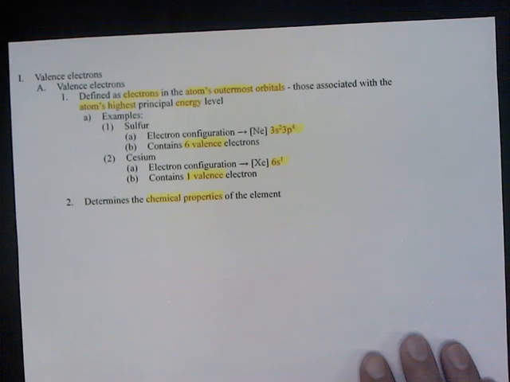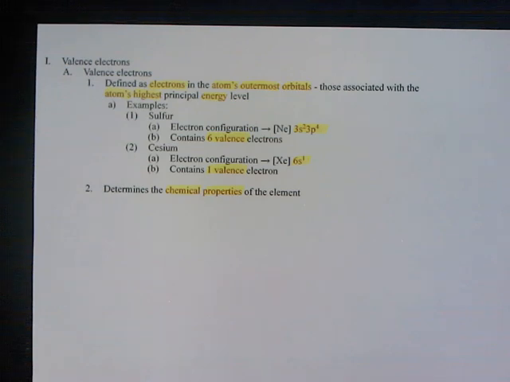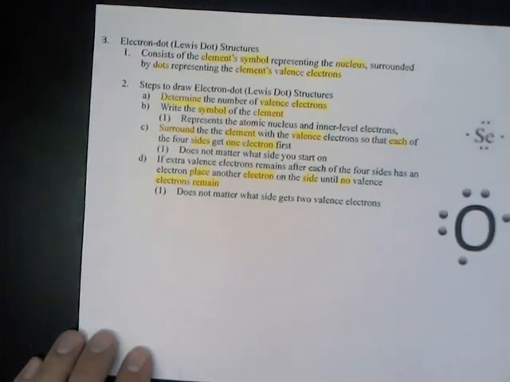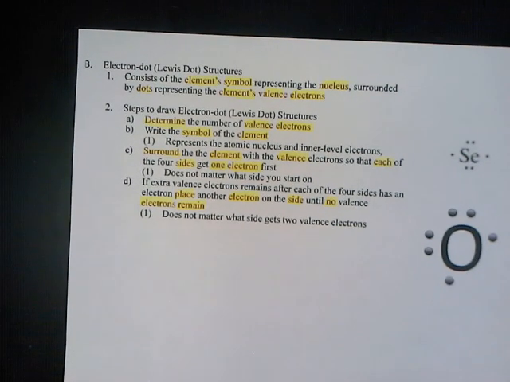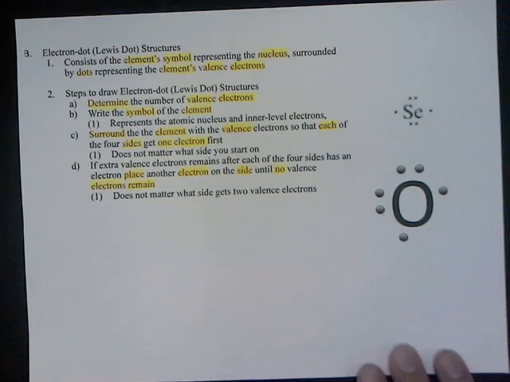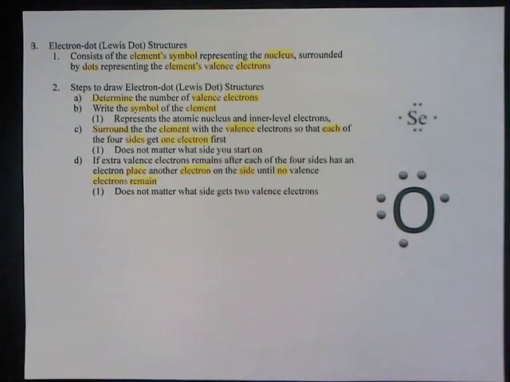Okay, so again, let's talk about the steps, and then I'll show you this shortcut here. Valence electrons represent the number of electrons in the outermost energy level. We get to Lewis dot structures, or sometimes you'll call them electron dot structures.